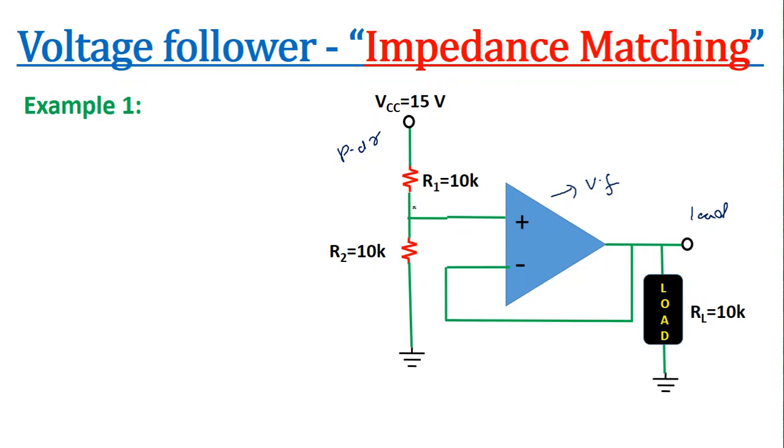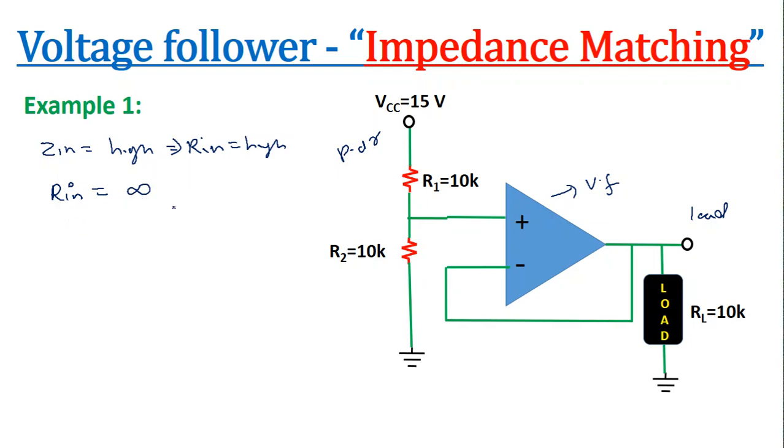We know that the voltage follower has very high input impedance, that means very high resistance. So in the ideal case, the input resistance of the voltage follower will be infinite.